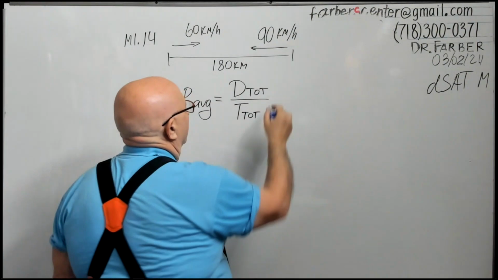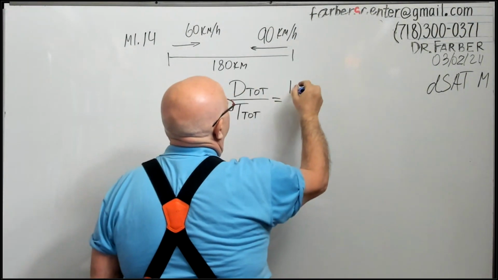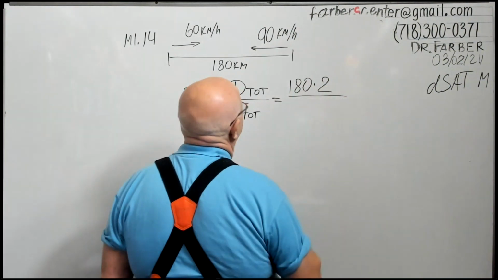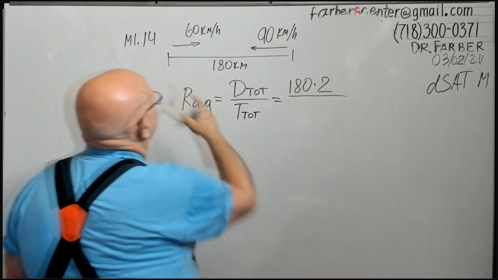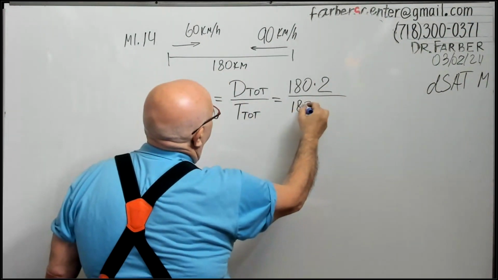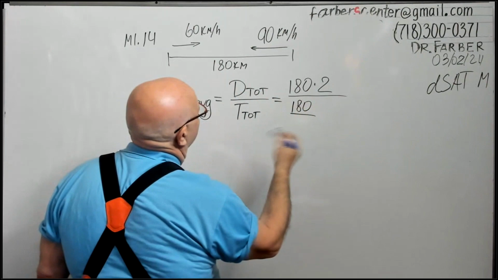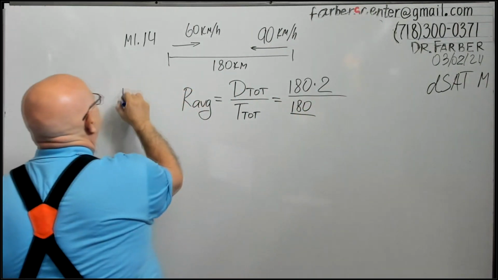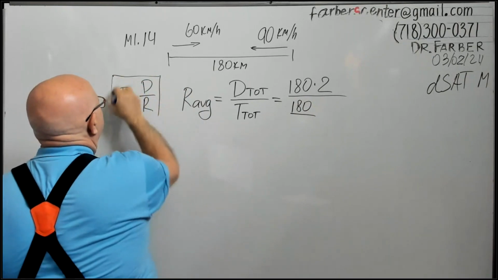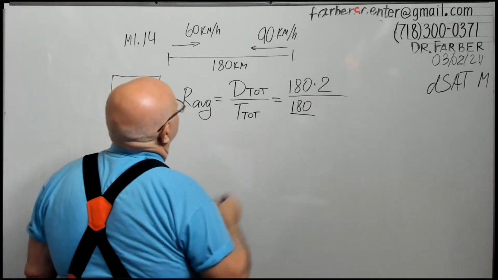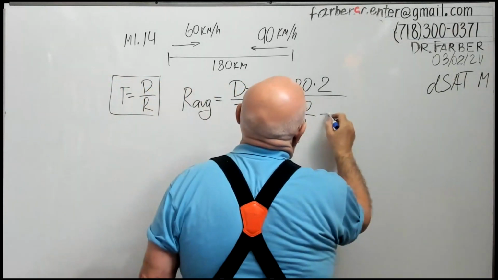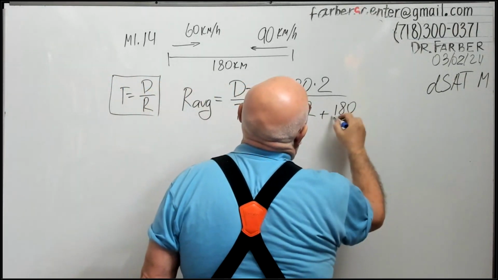Total distance equals 180 back and forth, 180 times 2. Total time is the time from A to B. What is it? 180 divided by 60, because you know time equals distance divided by rate, 4th grade, remember? 180 divided by 60 plus back 180 divided by 90.